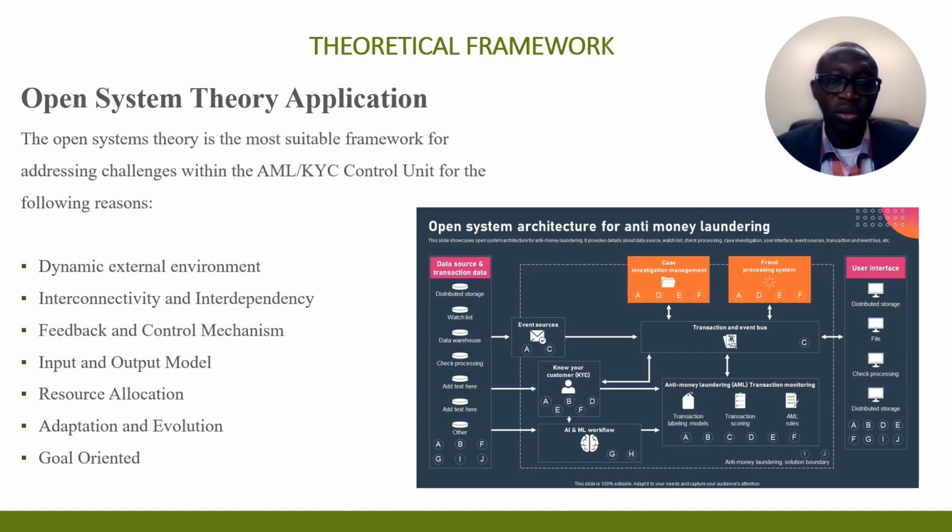For every input, there is always going to be an output, and some people will make use of those outputs to also work in their department. So therefore, there has to be an input and an output model. At the end of it all, the AML KYC unit in JP Morgan Chase is goal-oriented.